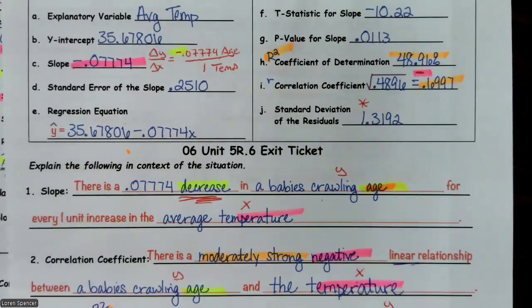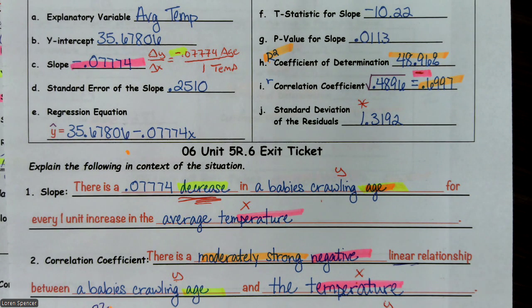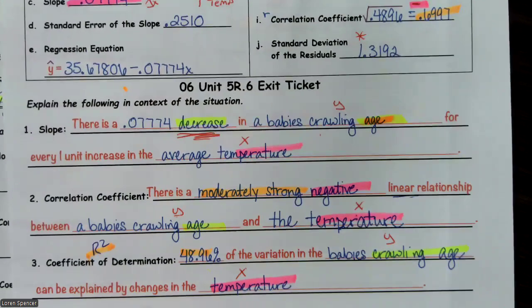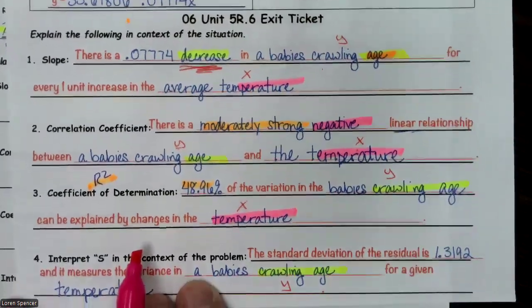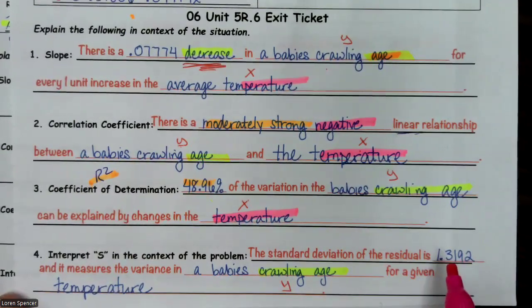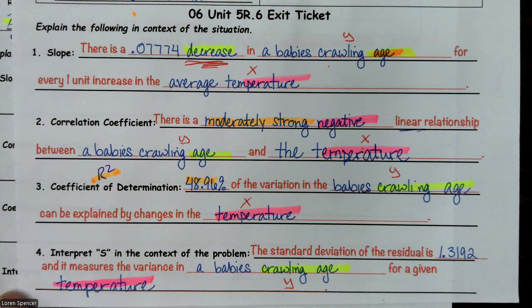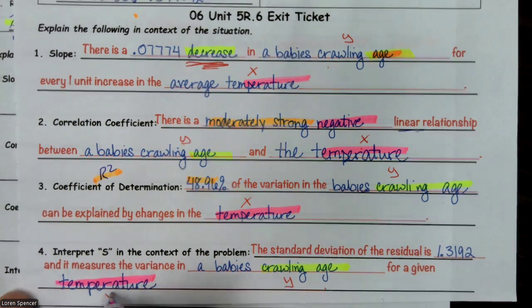And it measures the variance in our response, our crawling age, which happens to be our Y, for a given temperature. The standard deviation of the residuals is 1.3192, and it measures the variance in crawling age, which is our Y, for a given average temperature, which happens to be our X.